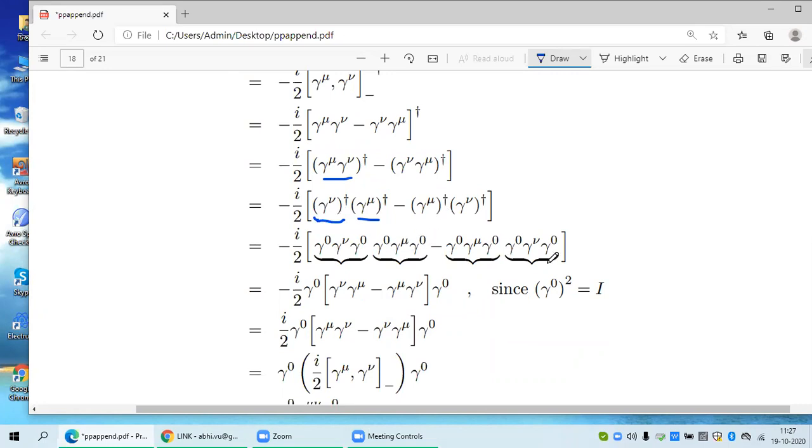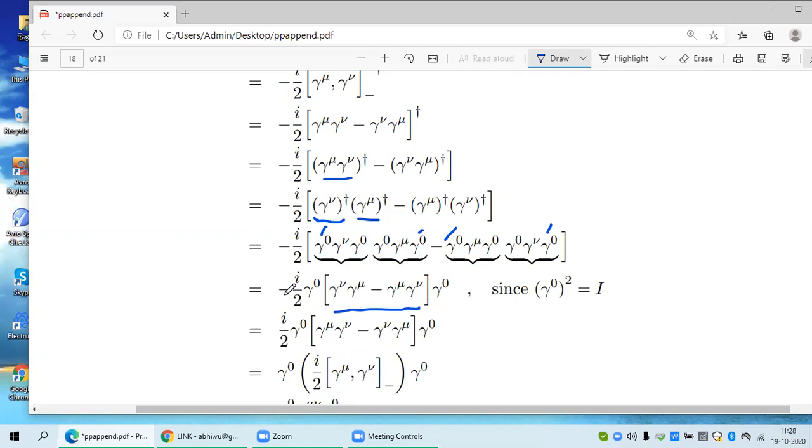So you see there is a gamma 0 sitting in front and a gamma 0 sitting at the back. Take the front one common this side and the back one common that side. In between you have gamma 0 square, which you put as 1. Therefore, you will have this term.